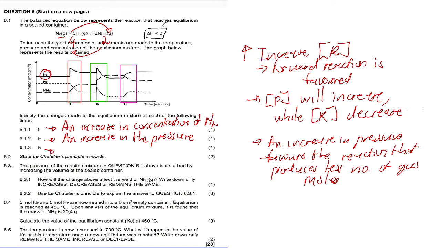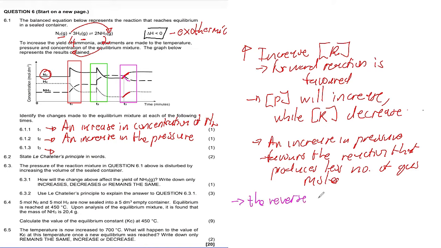Now let's look here. Our enthalpy change is less than 0, suggesting that the forward reaction is exothermic, right? But then looking at what is happening to T3 here, we can see that the concentration of both the reactants is increasing, but the concentration of the product is decreasing, right? Now, if the concentration of the reactant is increasing, this tells us that the reverse reaction has been favored.